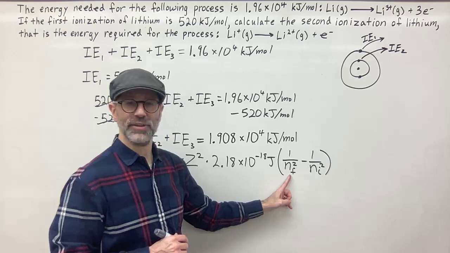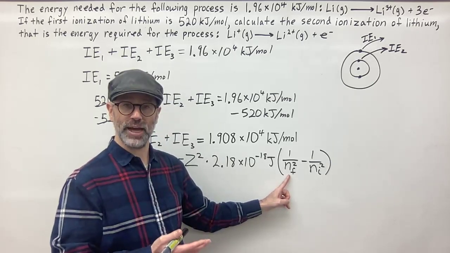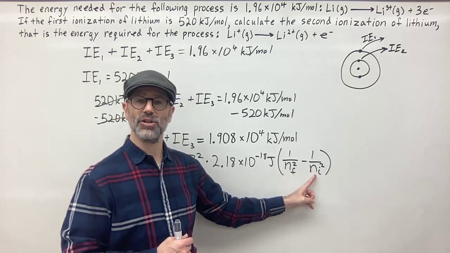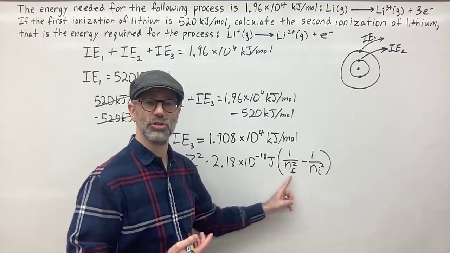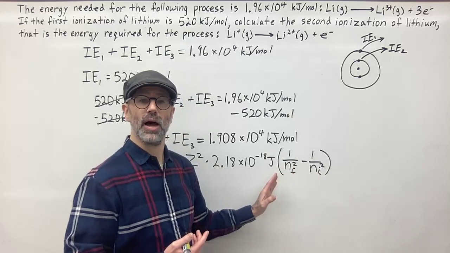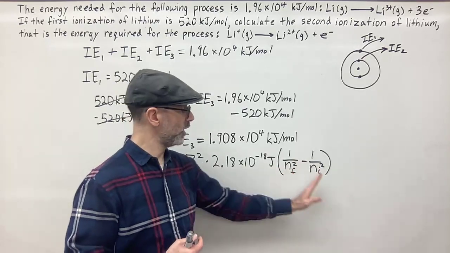Your NF is the final energy level that your electron is in. And NI is the energy level that your electron starts in. So this is used to calculate the transition of your electron from one energy level to the other. So where did it begin?